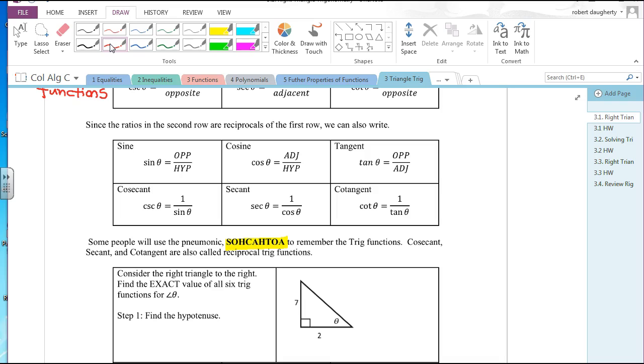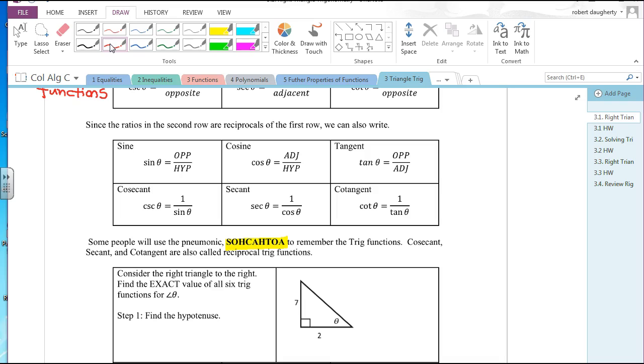So, guys, SOHCAHTOA. If you can remember that acronym, SOHCAHTOA, okay, if you can write that down on a piece of paper when you start your test, this will tell you that the sine is just the opposite over hypotenuse.